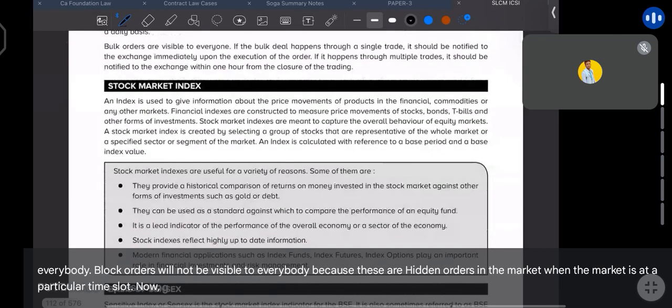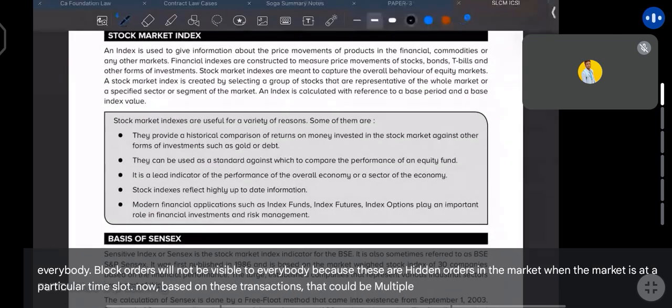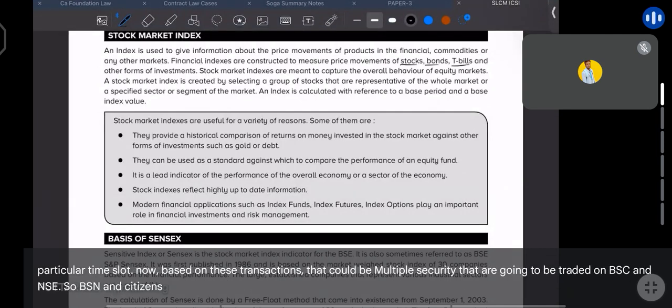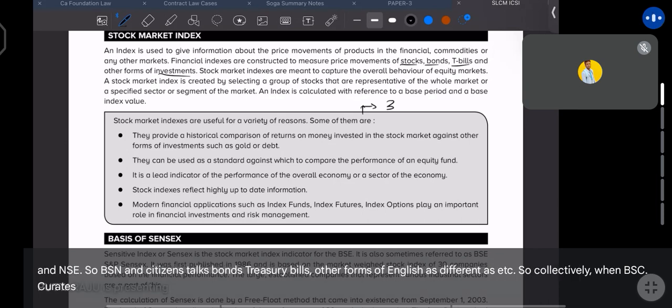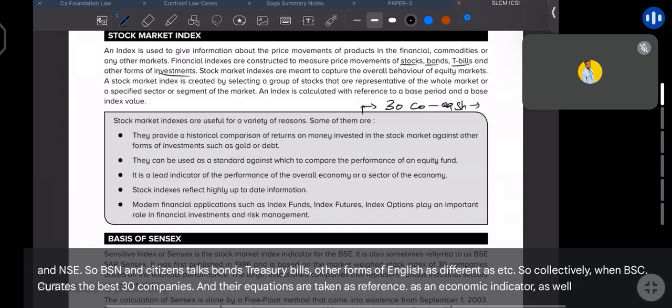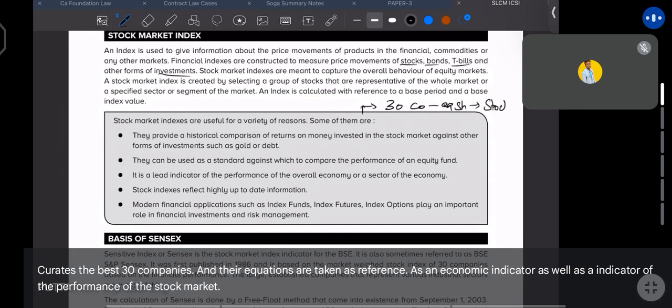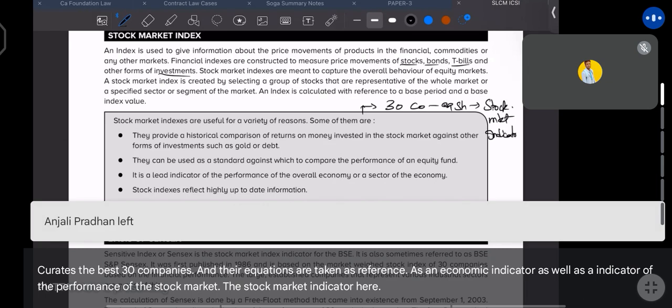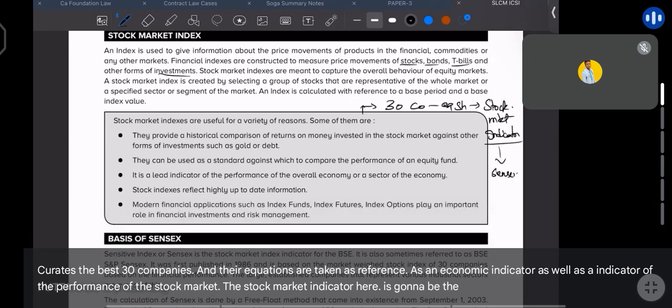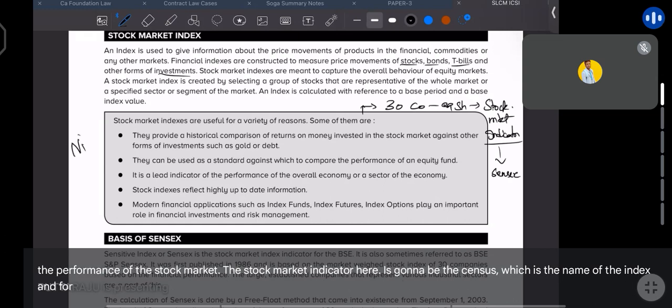Now, based on these transactions, there could be multiple securities that are going to be traded on BSE and NSE. BSE and NSE trade in stocks, bonds, treasury bills, other forms of investments, equity shares, debentures, etc. So collectively, when BSE curates the best 30 companies and their equity shares are taken as a reference, as an economic indicator as well as an indicator of the performance of the stock market, the stock market indicator here is the Sensex, which is the name of the index, and for NSE it is Nifty.